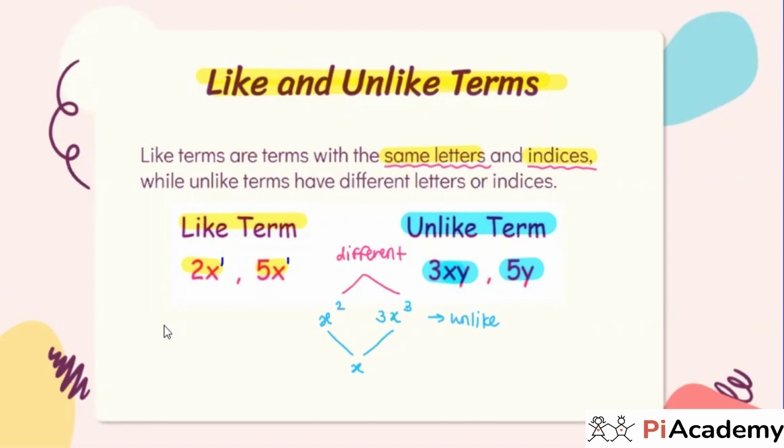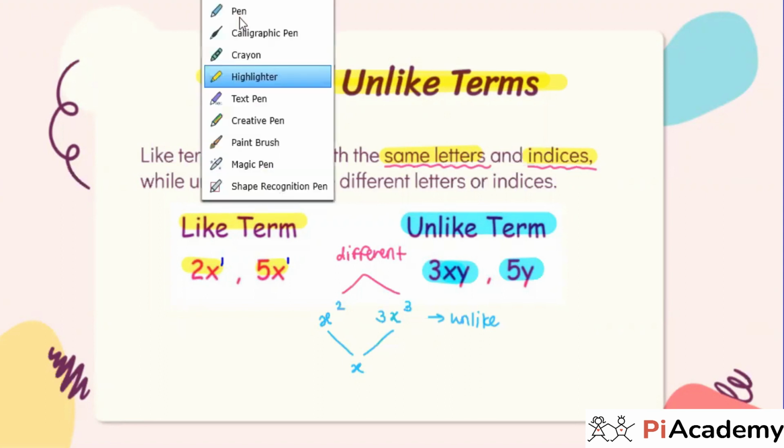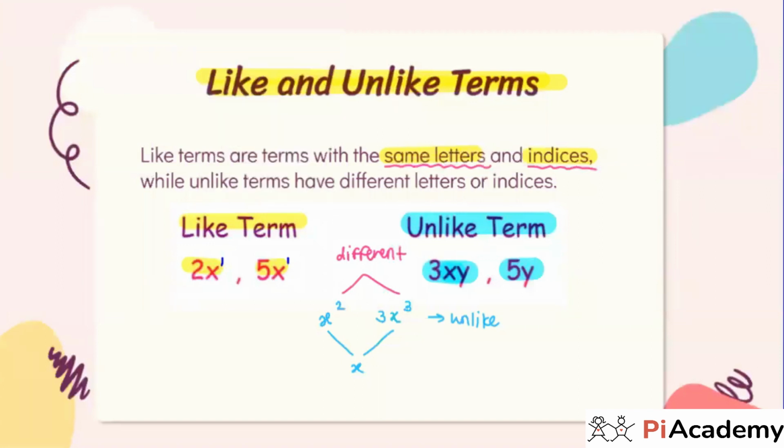Alien, please answer. An example of like terms could be 4b and 7b. Okay, so are they like or unlike? Like, because the variable is the same.